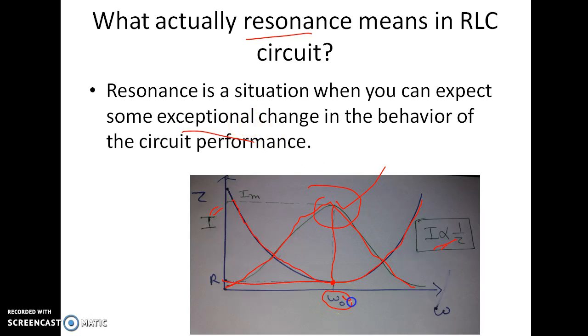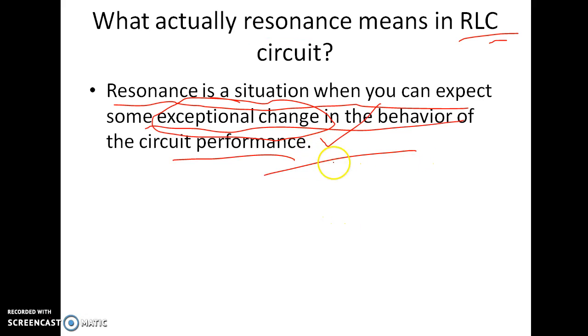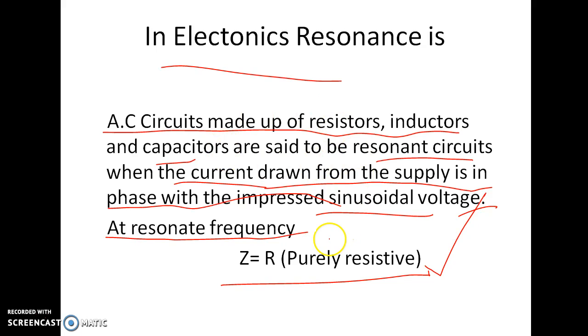So what happens when omega naught equals 1 by root over LC? In that case, Z equals R, so the impedance offered by the inductor and capacitor cancel each other, and the current is in phase with voltage.